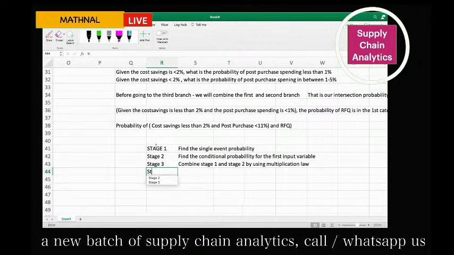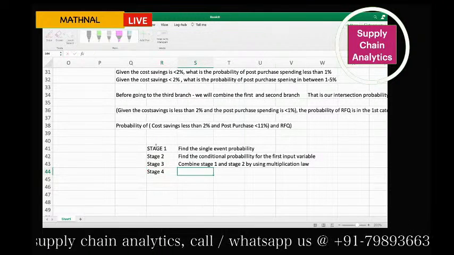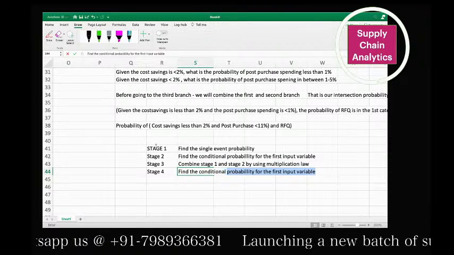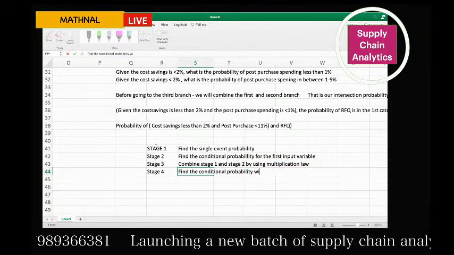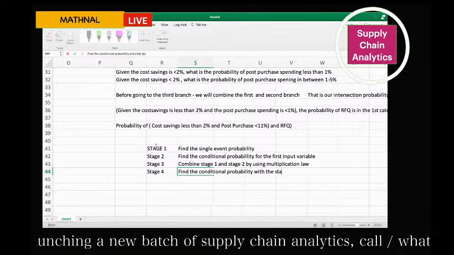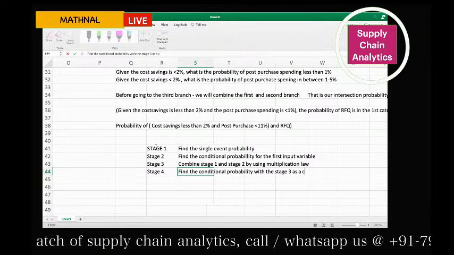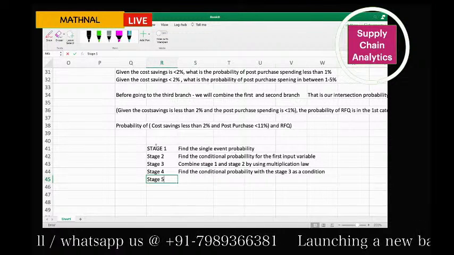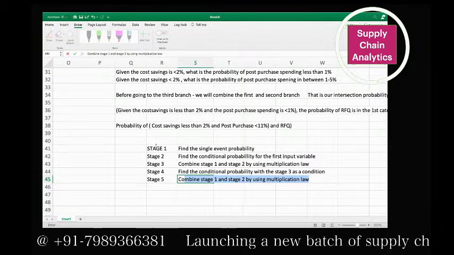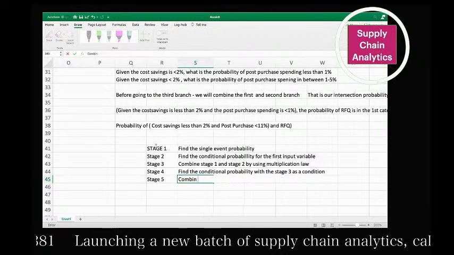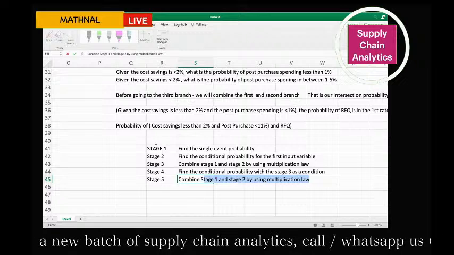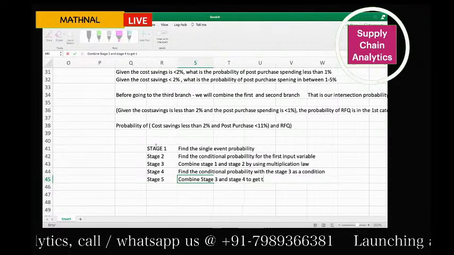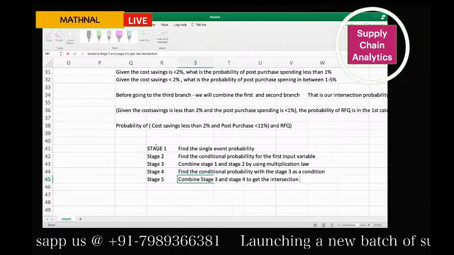And stage 4, find the conditional probability with stage 3 as the condition. And stage 5, combine stage 3 and stage 4 to get the intersection probability.